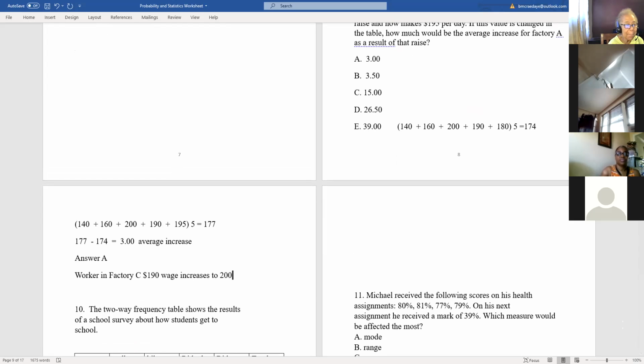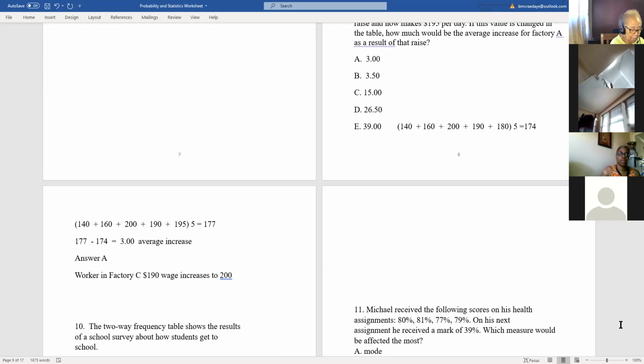Okay, so we have to find the average increase for factory C as a result of that raise.